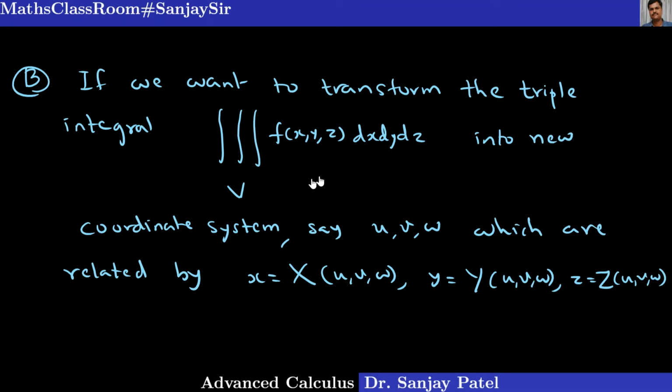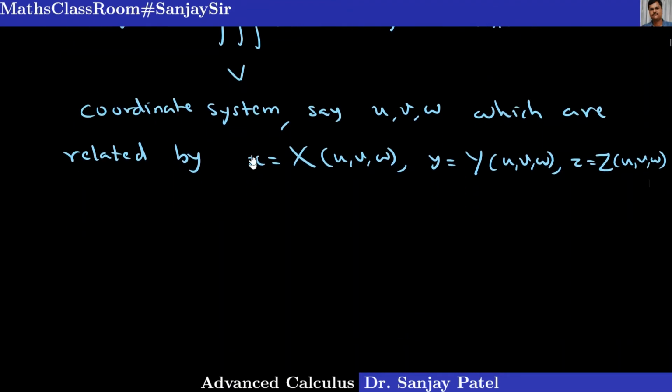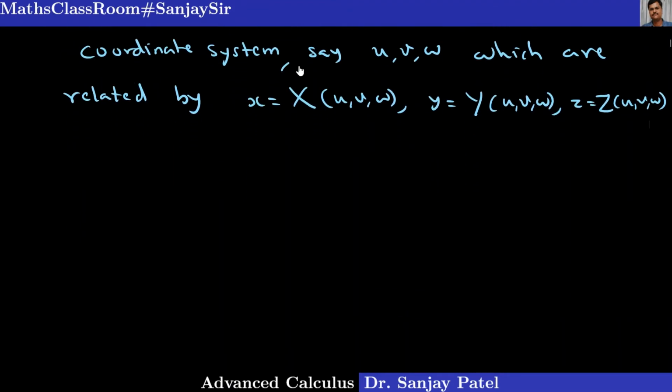So what we are doing actually is we want to substitute x, y, z in terms of some new parameters u v w. So the system x, y, z will transform into the system u v w.